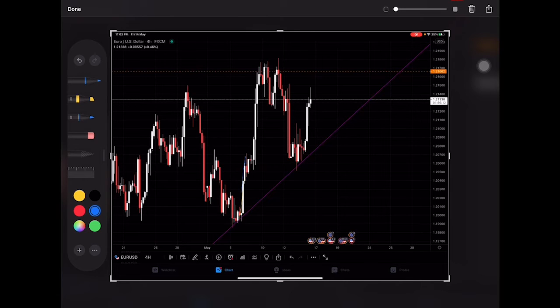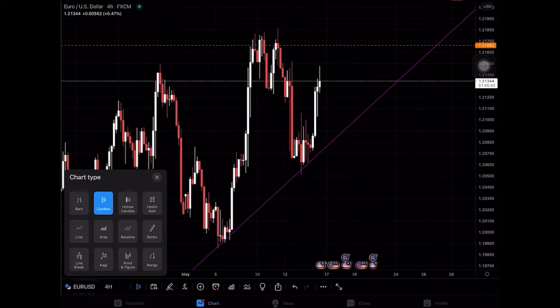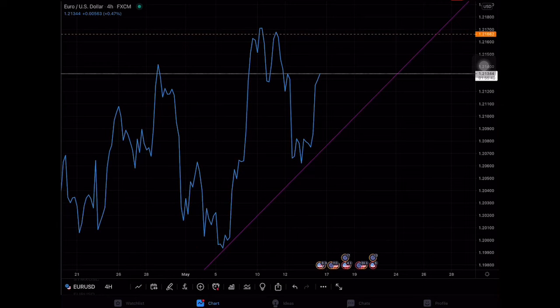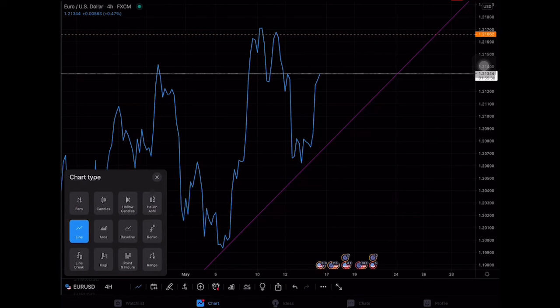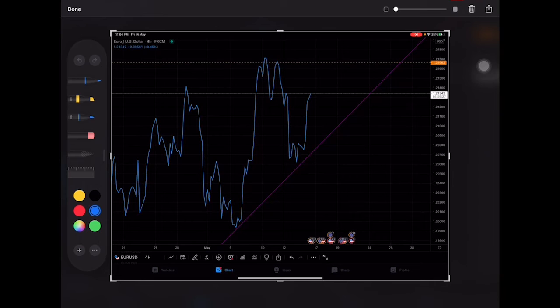So basically you guys did not see in candle, Uncle will change it into line chart. Yeah, you see, you guys can see. So as you guys can see, there's a minor SNR here. There's a minor SNR here.